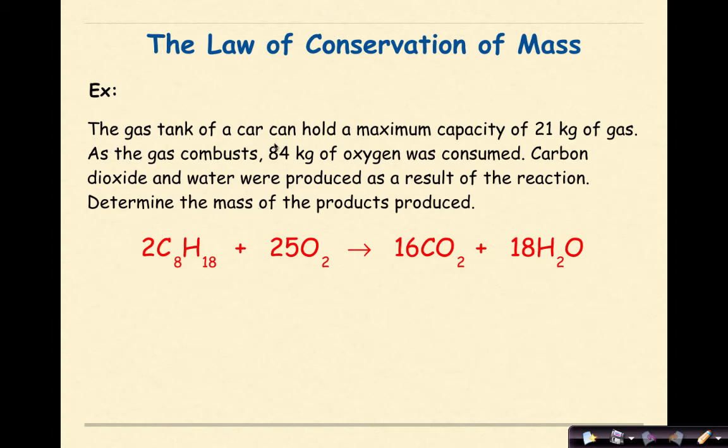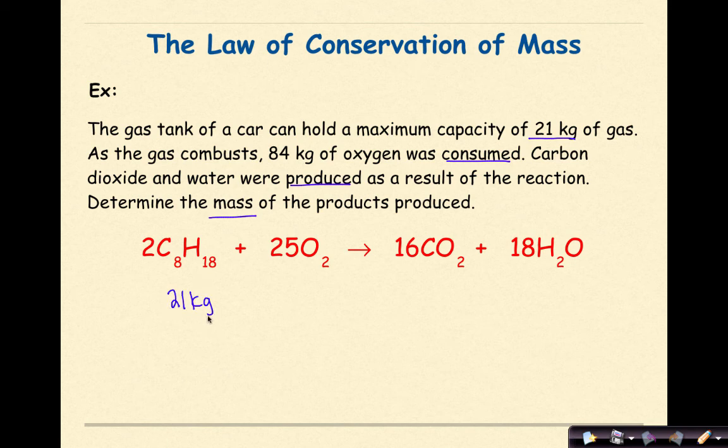The gas tank of a car can hold a maximum capacity of 21 kilograms of gas. As the gas combusts, 84 kilograms of oxygen was consumed. Carbon dioxide and water were produced as a result of the reaction. Determine the mass of the products produced. So when we look at this, I'm going to represent my gas as octane right here.